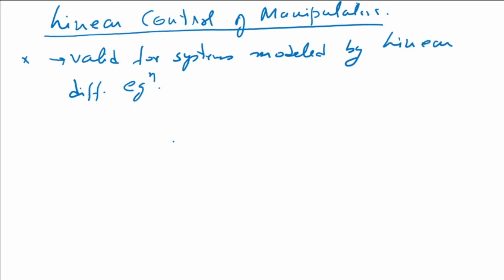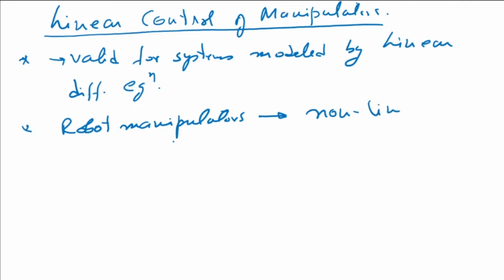This is something to note: although we are saying linear control of manipulators, and linear control systems are valid for systems modeled by linear differential equations, robot manipulators are actually modeled by non-linear differential equations. So although we are going to study linear control systems, in reality robot manipulators are non-linear.